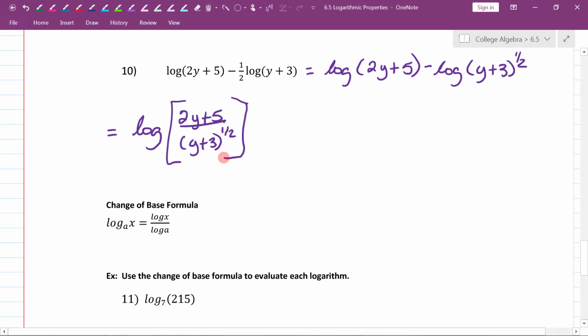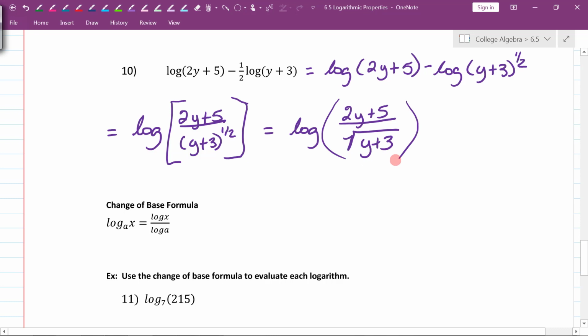If you wanted to, we could rewrite this to the 1/2 power as the square root. However you want to leave it is fine. If you want to write it as log of 2y plus 5 divided by the square root of y plus 3, those are equal expressions and both should get you full credit on your exam.